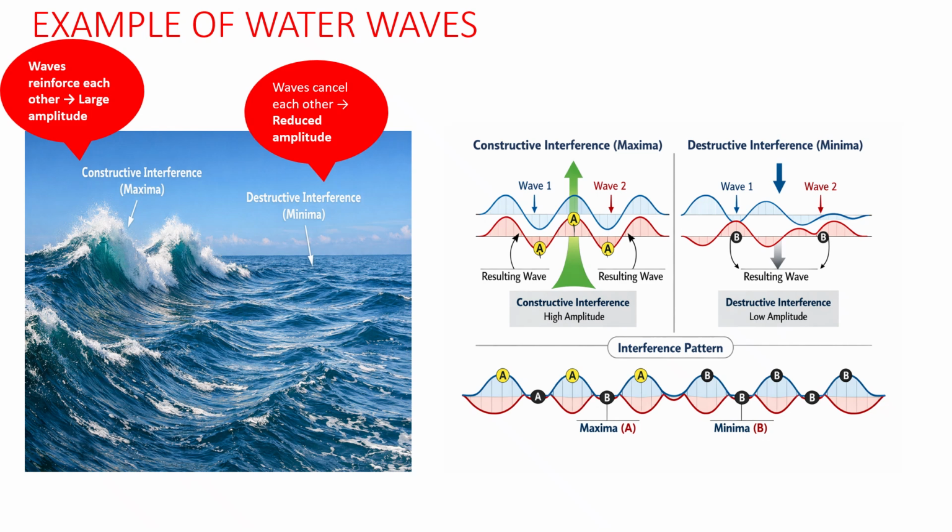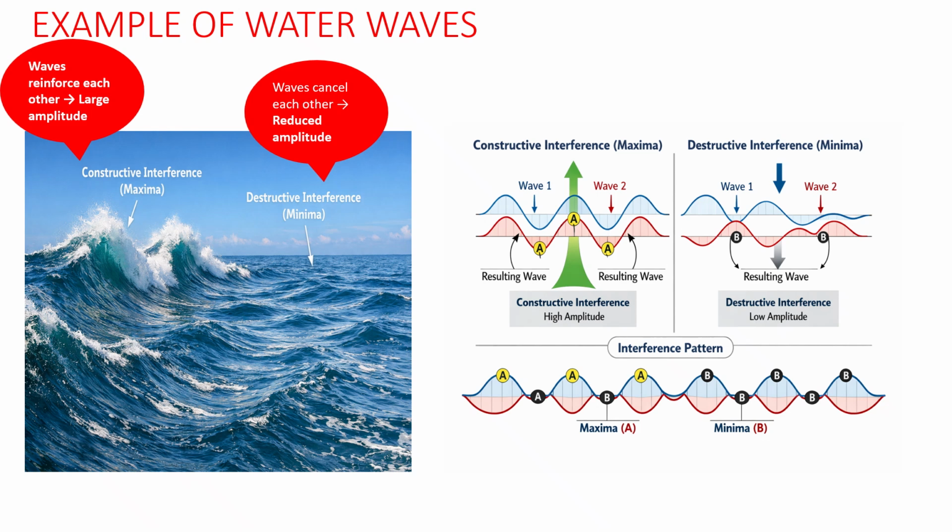Friends, we know that whenever we throw a stone in the water, we see water waves. We have observed that there is one wave which is very high, and the other wave seems to be on the lower side.